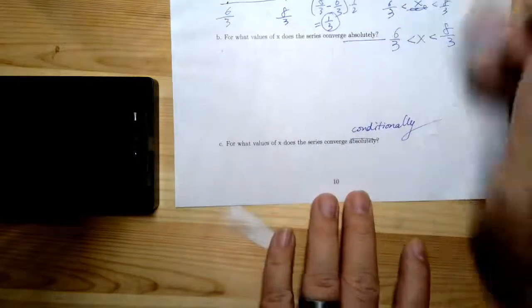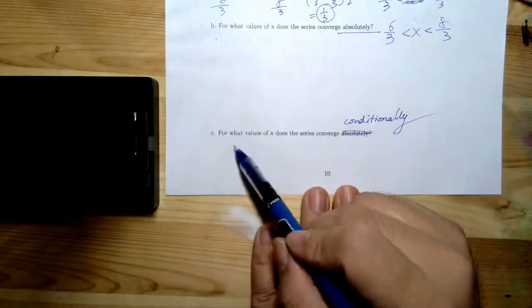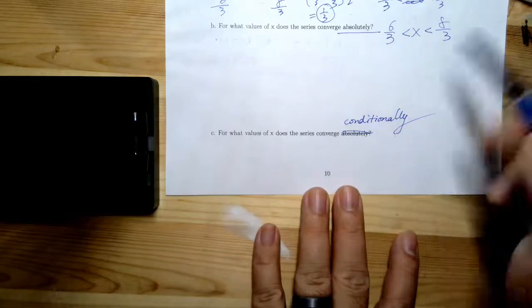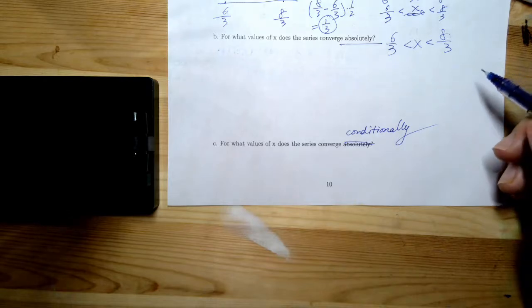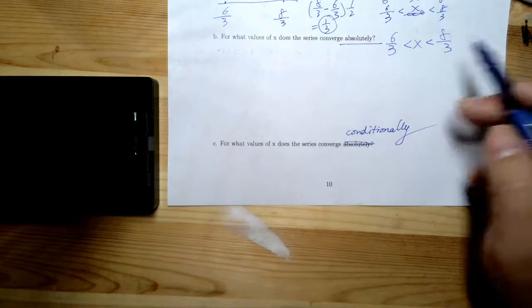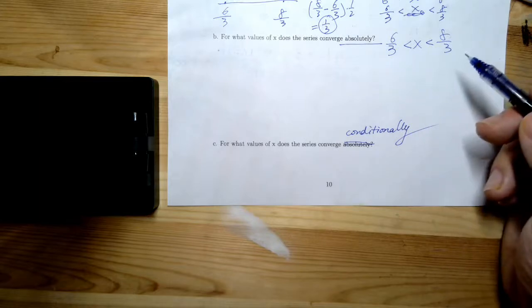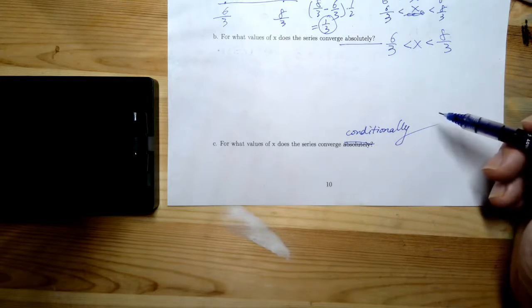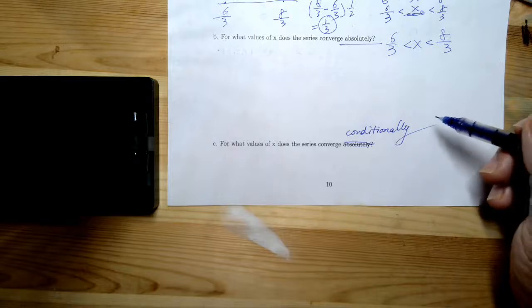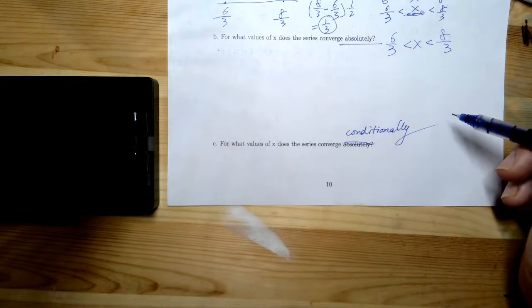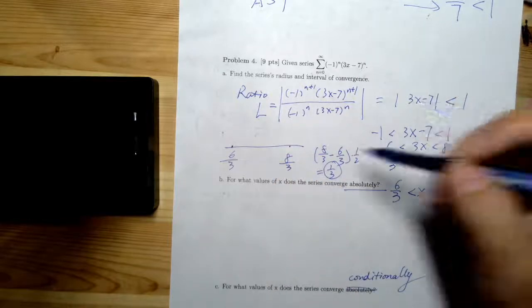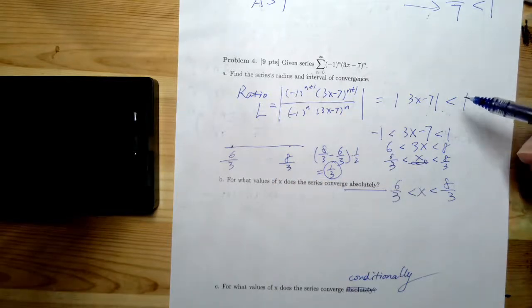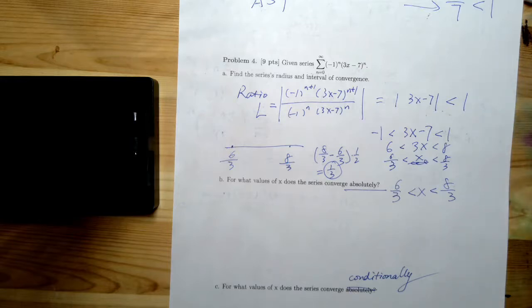The last part, there's a typo here. The problem asks, for what values of x does the series converge conditionally? Okay. So for this part, we need to verify what happens at the two endpoints. The reason is that with either the ratio or root test, when we denote capital L as the ratio here, when capital L is less than 1, it is absolutely convergent.